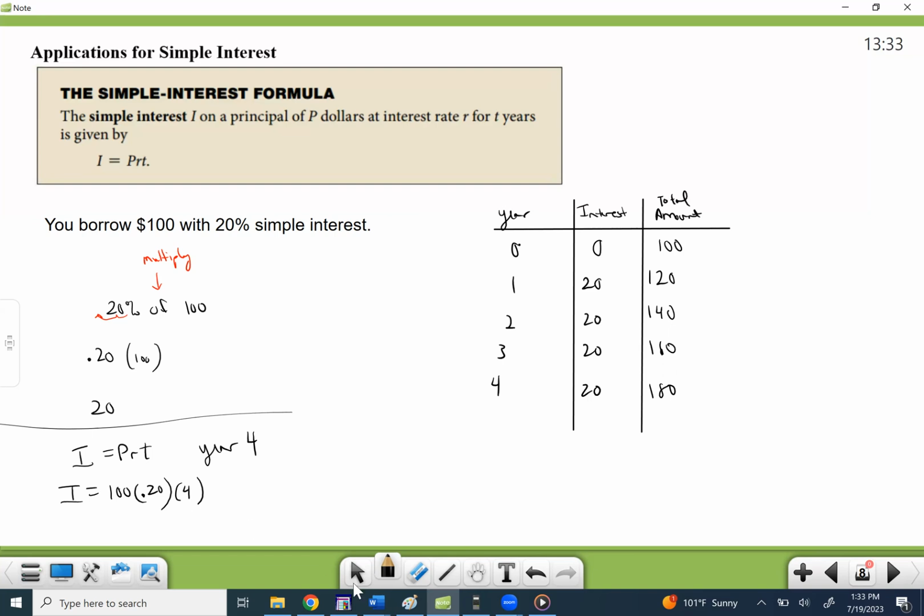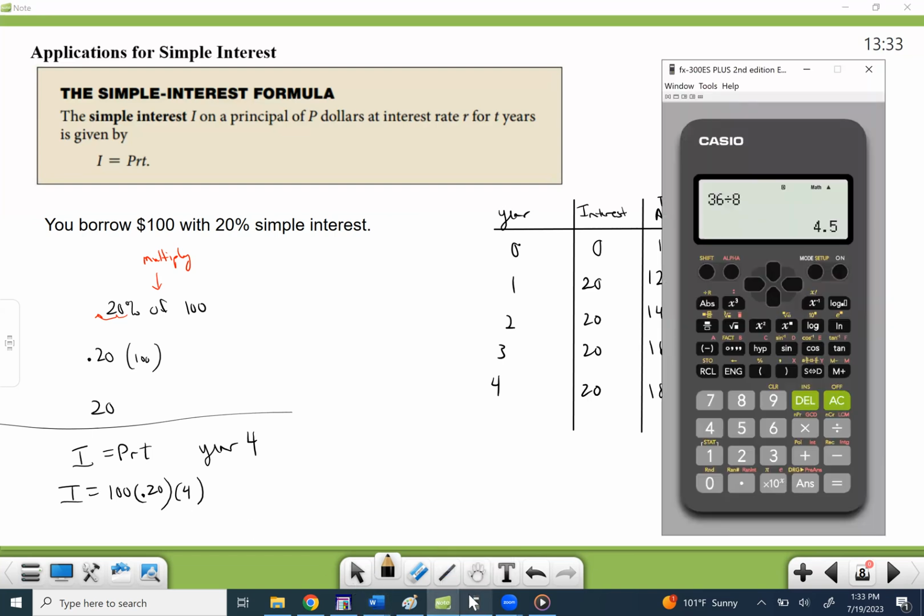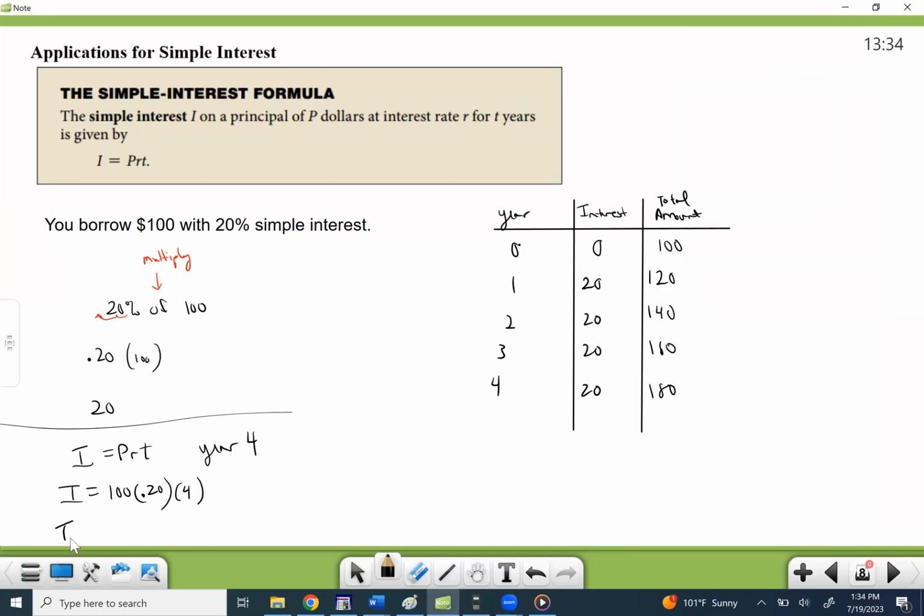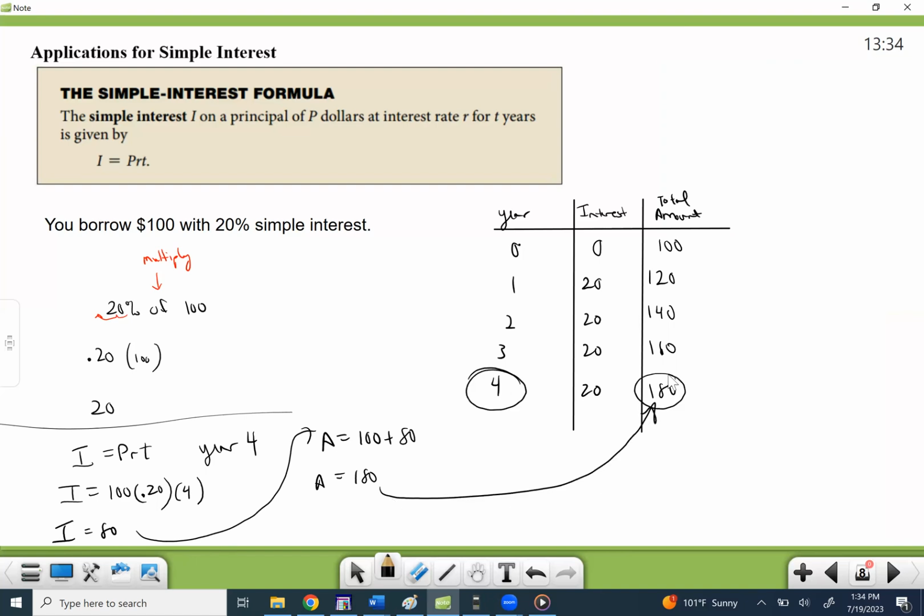So we have 100 times 0.20 times 4. So we have $80 in interest, you guys. To find the amount, we take the 100 we borrowed and the $80 in interest. That tells us we have 180. And what do you know? It matched for year 4.